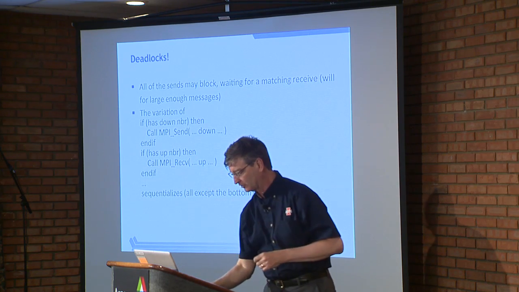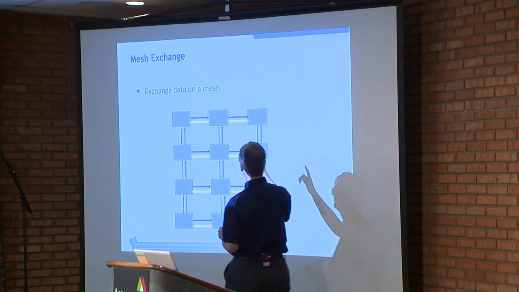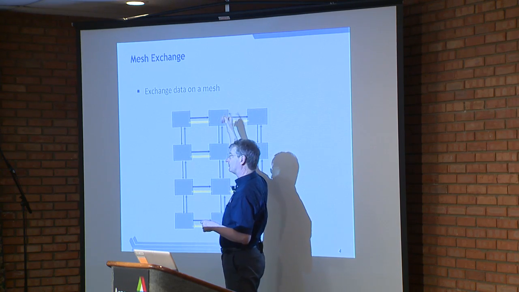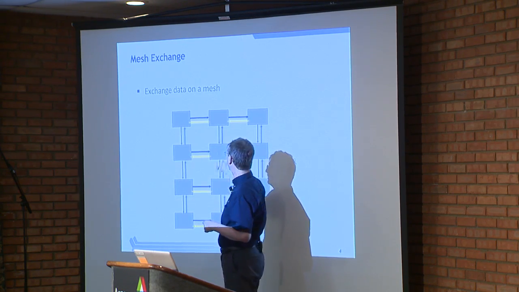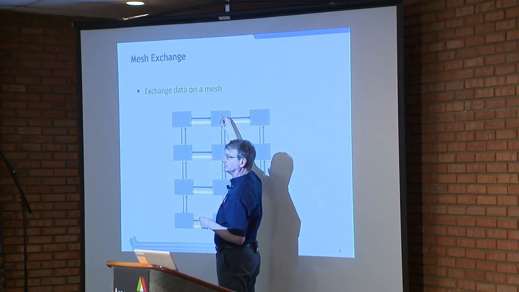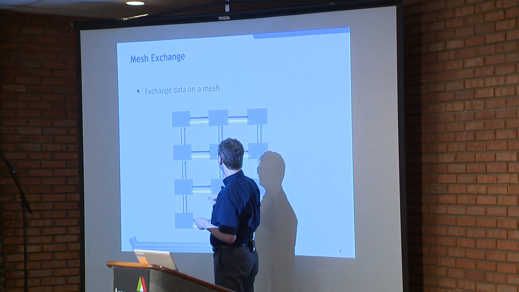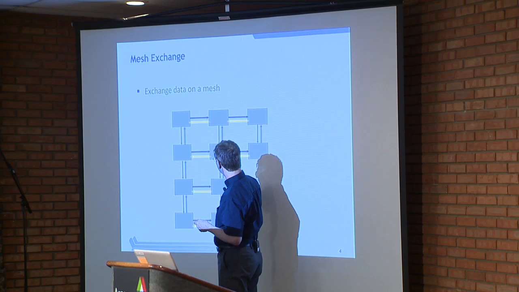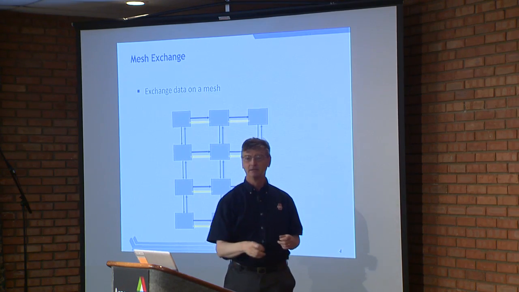If I can go back to this case, I don't have periodic boundaries, so the top process is not sending to this process. So, for example, if I'm sending down, this process is not going to do a receive, so it's immediately going to do a send. The other processes have to do a receive, then they do their send.